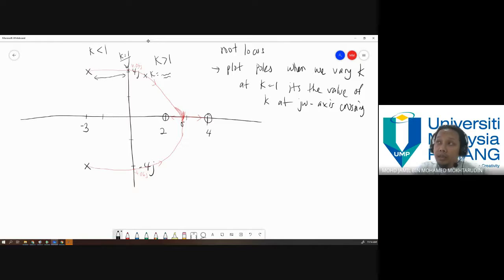In this case, k cannot be larger than 1, because if we change k bigger than 1, the system will become unstable as it passes the JW axis crossing. So later in your project, if you draw the root locus using MATLAB, you know whether a certain k value is stable or not by finding this k at JW axis crossing.